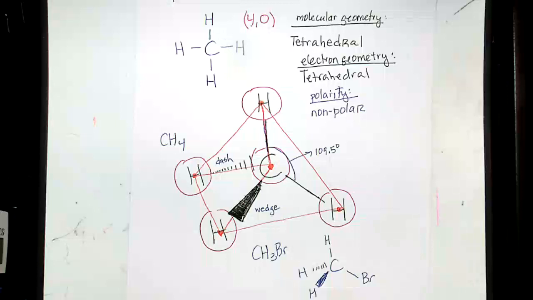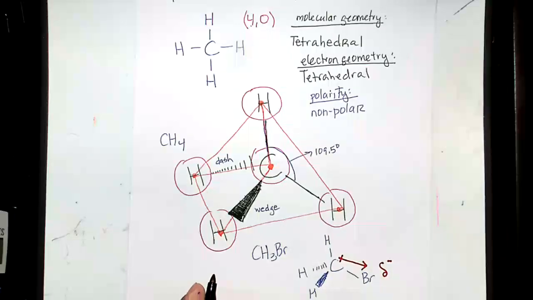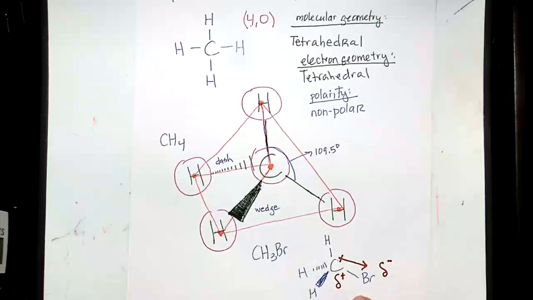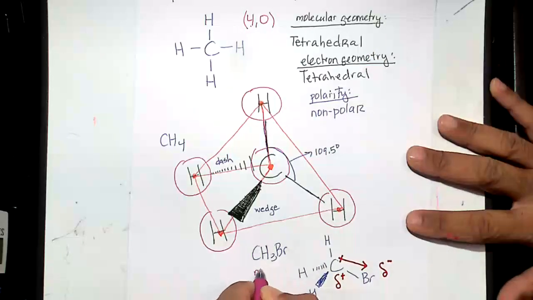Why would you say it's polar? Because of the electronegative pulling power of the bromine. This is partial negative, this is partial positive. So replacing one of the hydrogens with an electronegative atom will make it polar. But right now, this molecule in question, methane, is nonpolar.